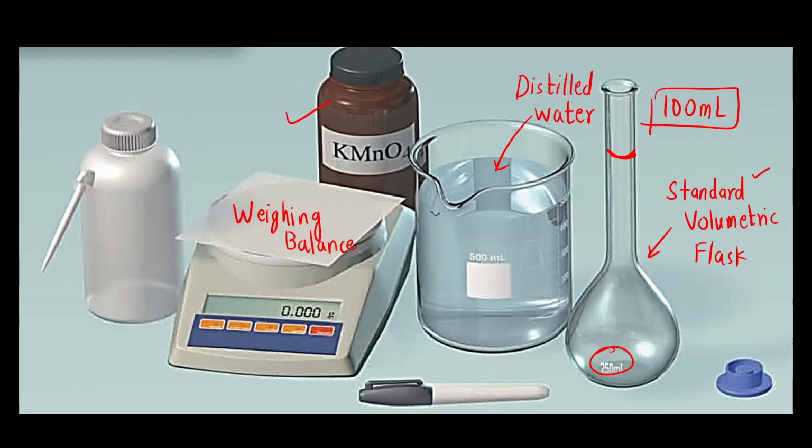KMnO4 is a solid compound, a reddish purple colored solid. And this is the wash bottle, which contains normal water, or we can add distilled water, and then obviously a pen for doing the calculations. So these are the apparatus that we will require for preparing our solution.